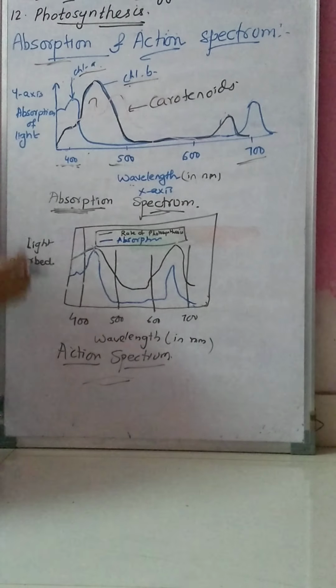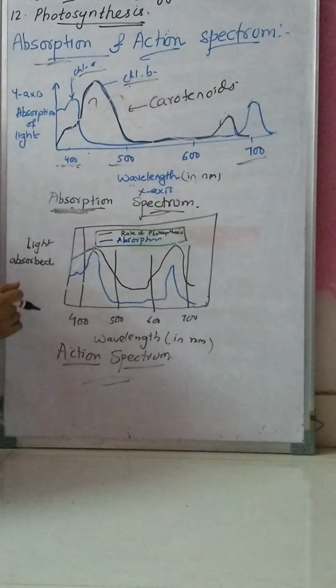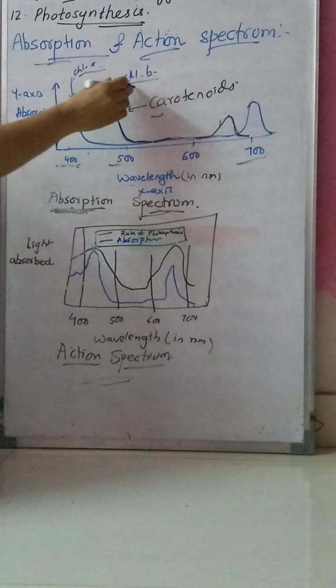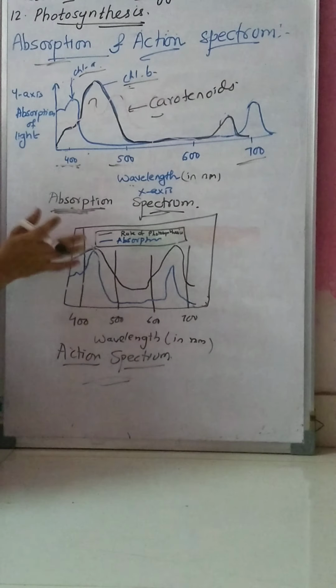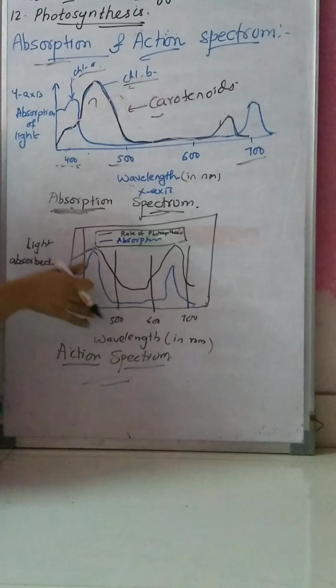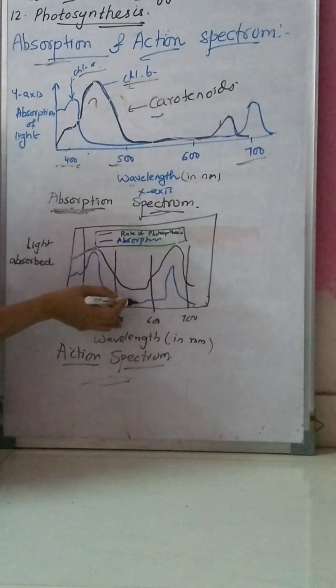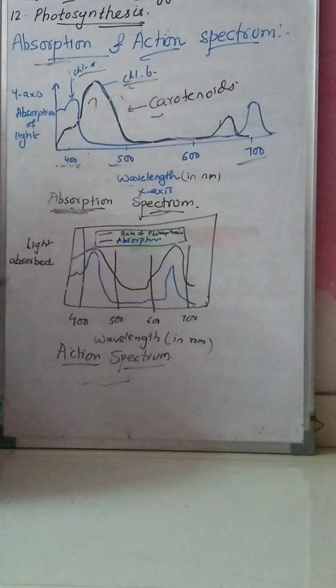This shows that the light energy absorbed by other pigments, the carotenoids, that is xanthophyll and carotene, and other forms of chlorophyll, for example chlorophyll B, is transferred to chlorophyll A, because chlorophyll A does not absorb at every wavelength. Here it absorbs more, but here it is less.